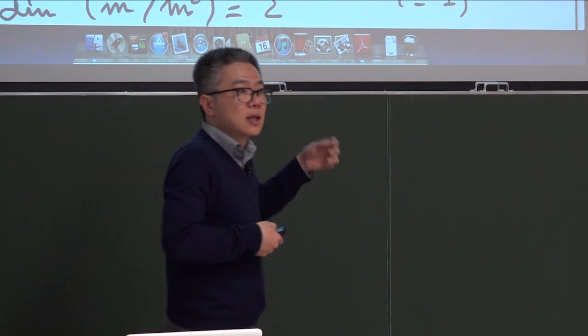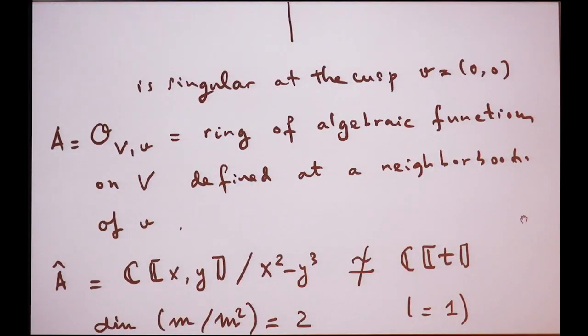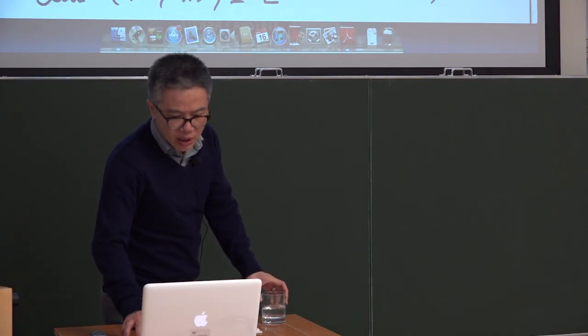So that is to say that this is really a singular curve because, although it's dimension 1, this M over M squared at the cusp is dimension 2. So this is the failure of regularity, and it's not isomorphic to the ring of formal series of one variable. So this is a very brief reminder about singularities.